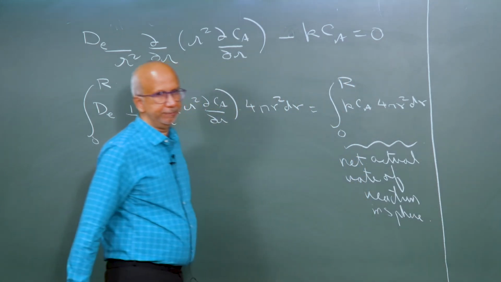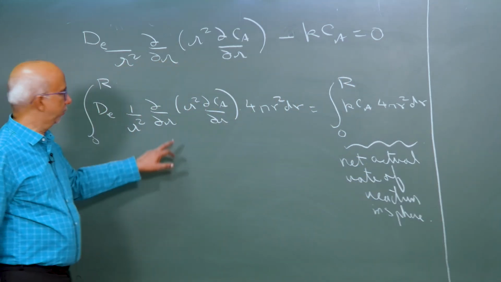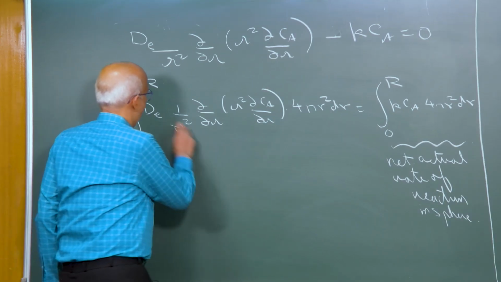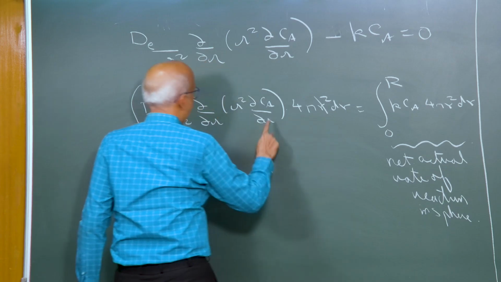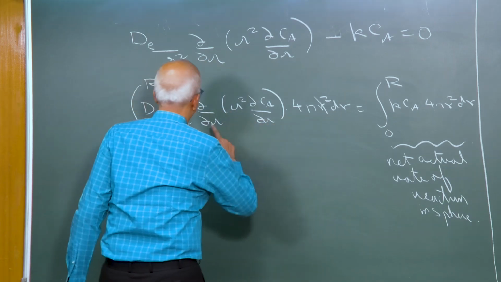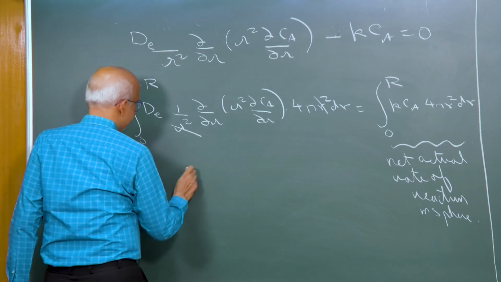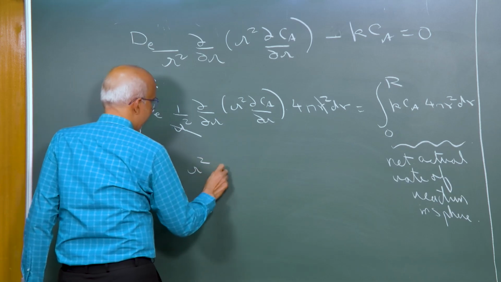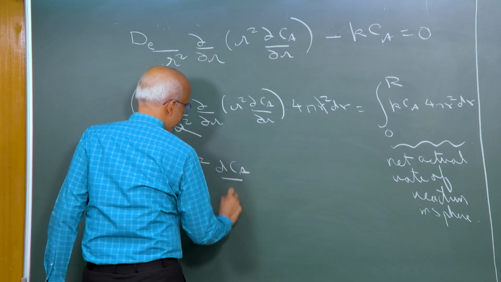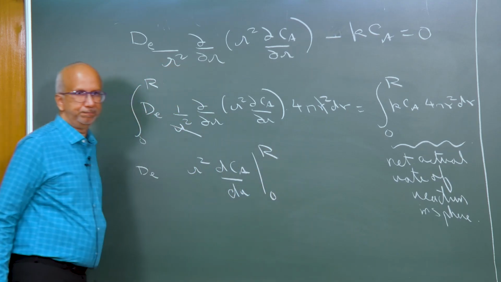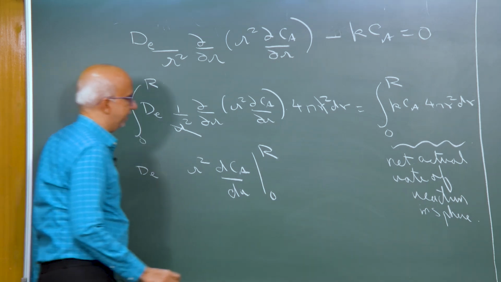That is the right hand side. I am going to simplify the left hand side, noticing that I have r squared here, I have dr cancels with that dr. So, when I do this, I get D_E times r squared dC_A by dr evaluated between the limits 0 to R. This is my left hand side.